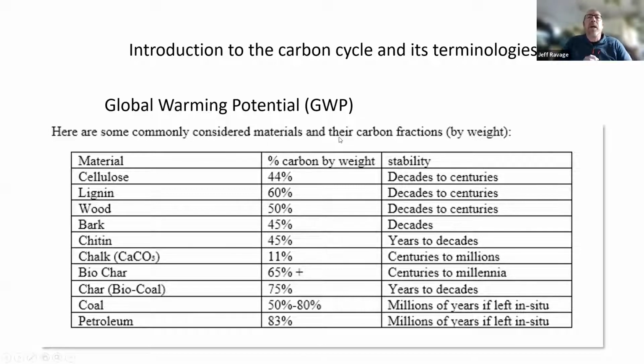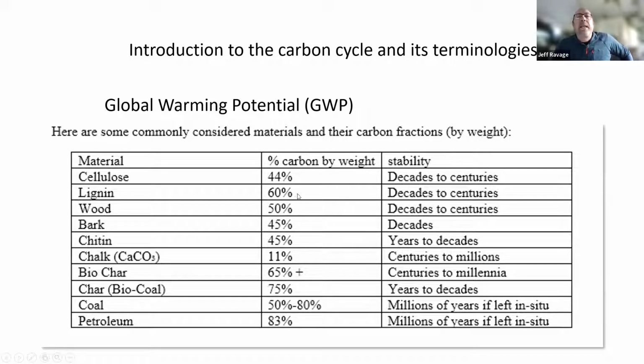So here's something that we will look at, especially as foresters and mitigators: how much of different materials that we run across on the planet's surface contain carbon and how much of it is carbon. So we normally think of wood as 50% carbon. That's how we average it out.